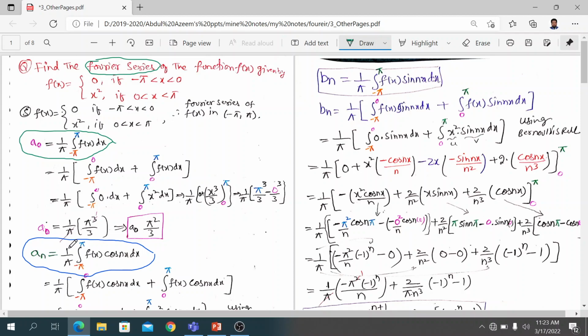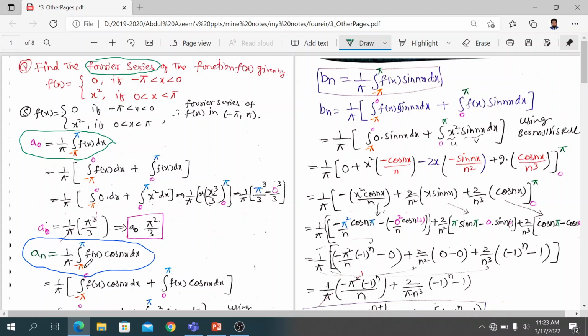Now next an. What is the an formula? 1 by pi integration minus pi to pi f of x cos nx dx. Again the same, minus pi to pi I will write as minus pi to 0 f of x cos nx dx plus 0 to pi f of x cos nx dx.